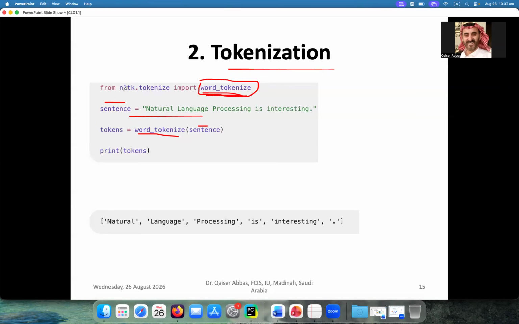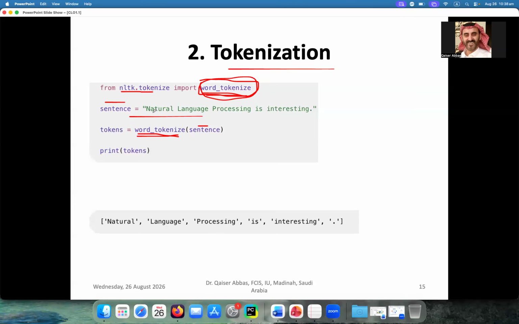So nltk.tokenize is a library in which you have many methods, and from those you import one.